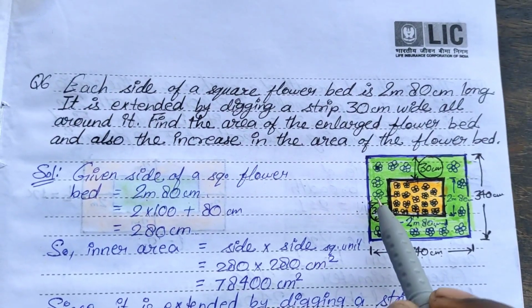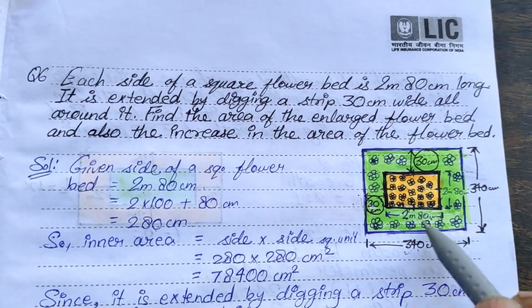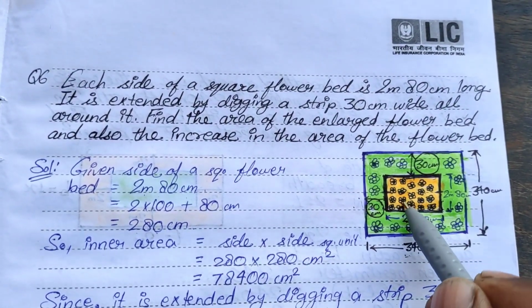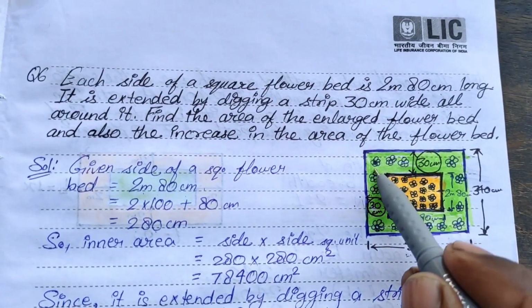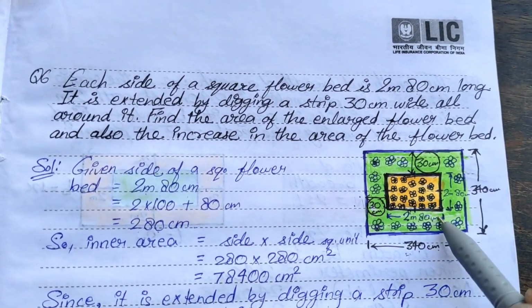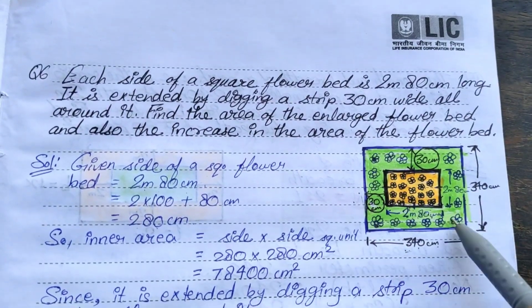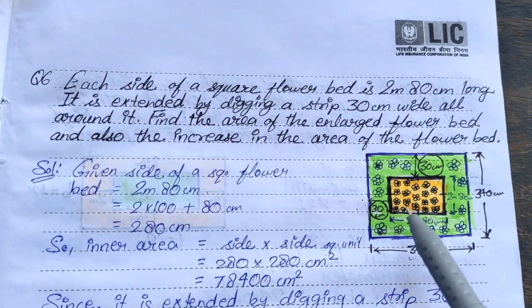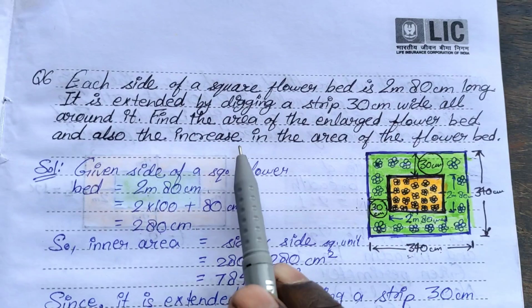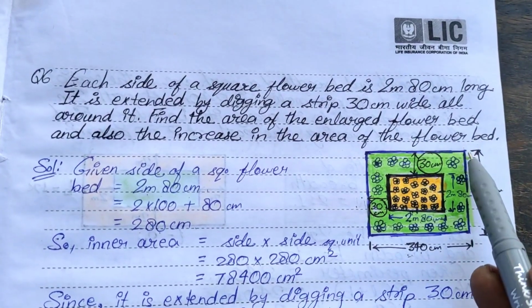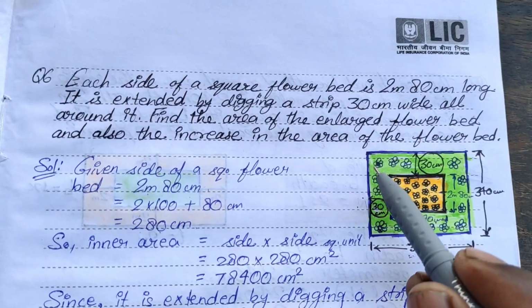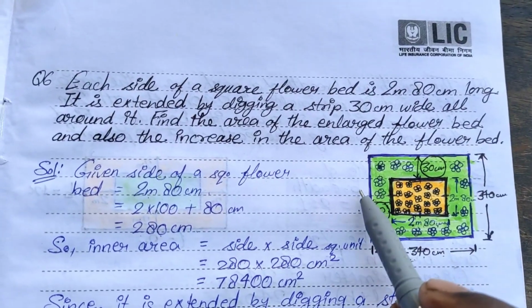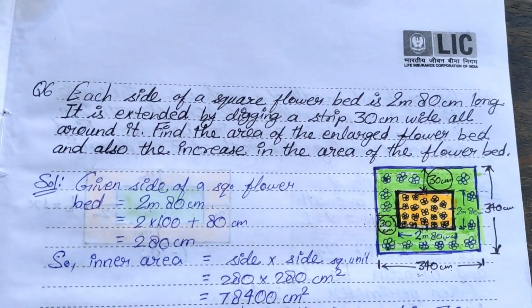Now to find this green portion area, we have to subtract the initial area, or say inner area, from the total area to find the enlarged flower bed area. And also we have to find the increase in the area of the flower bed. How much area is increased? So let's see the solution.